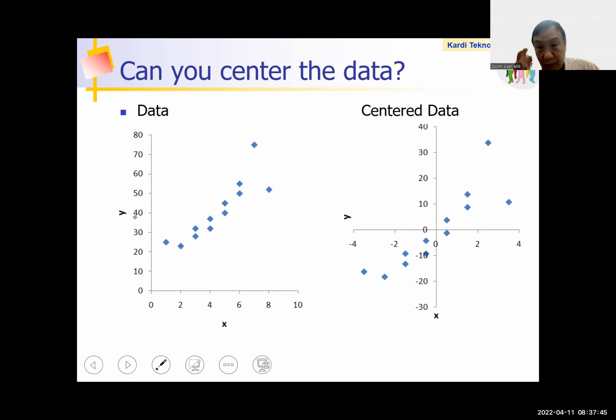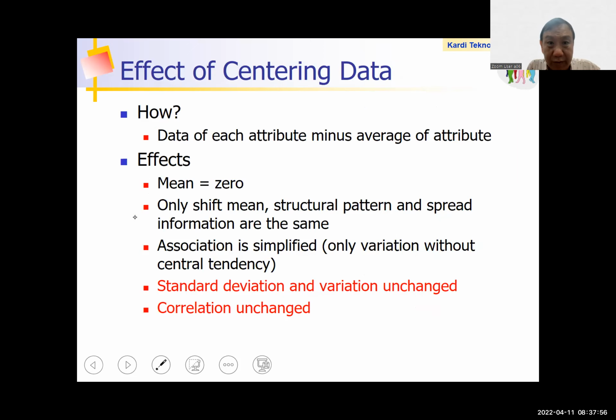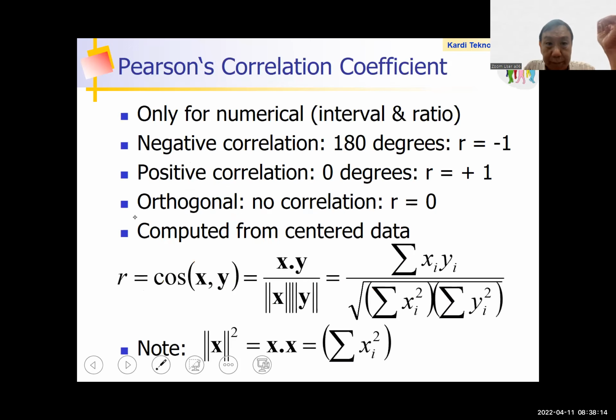Then the centered data will have 0, 0 as the mean, and we demonstrated that using Excel last time. So the mean of the centered data will be 0. This is just shifting the mean, but the structure pattern of the data will not change.